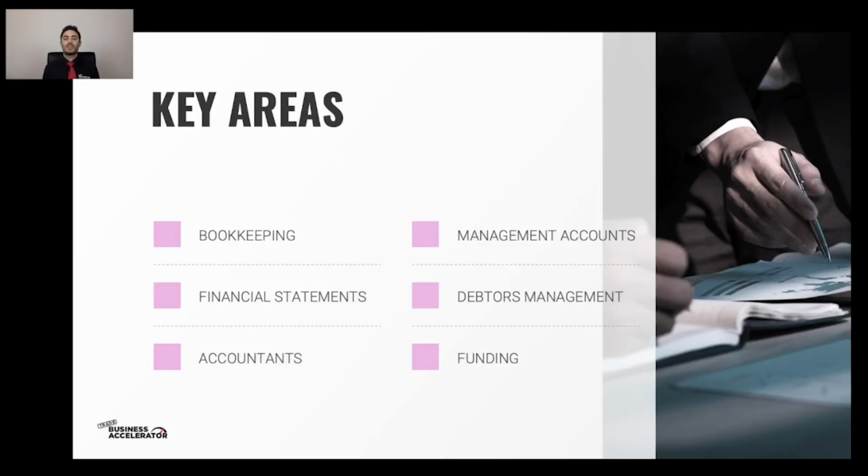So the key areas that we'll be looking at: number one, bookkeeping. Bookkeeping in its simplest form is essentially the logging or the recording of financial transactions throughout the company. So if a payment is made, this is covered by the term bookkeeping. If a purchase is made, or if an invoice has been paid for, this is all governed by bookkeeping.